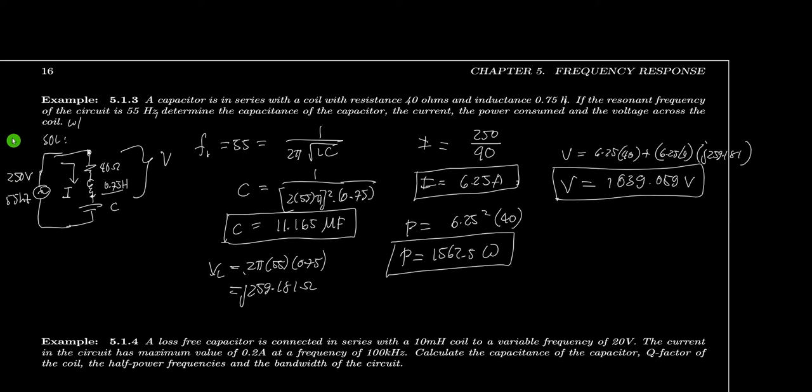This happens when we are in resonance in an RLC circuit. It's possible, unlike in a DC circuit where the voltage source will always be greater than the voltage of the load, that the voltage at the load will be much greater than the source. This is only possible in AC circuits because we have frequency. That's the cause of the frequency.